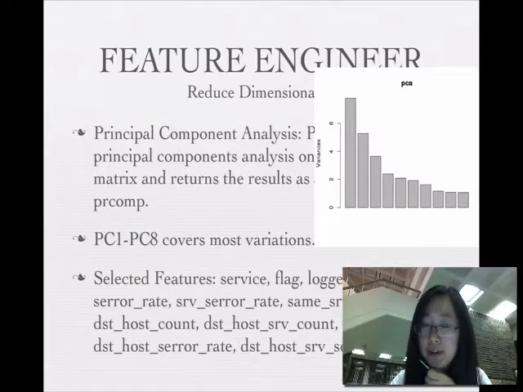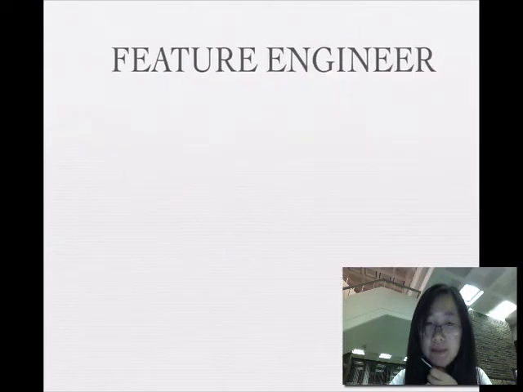We can see from this picture the relationship between the principal components and the variance. Principal components 1 to 8 cover most of the variation. So I use the following selected features to do my experiments.